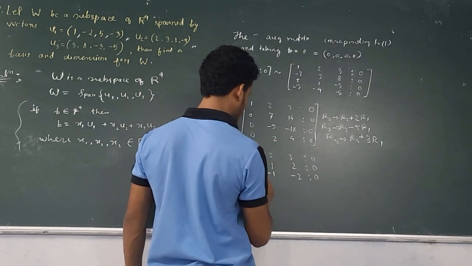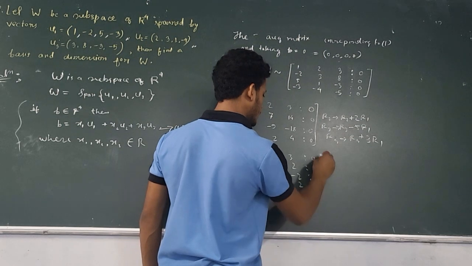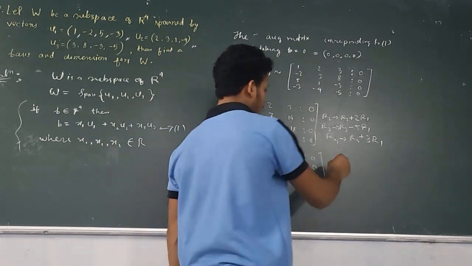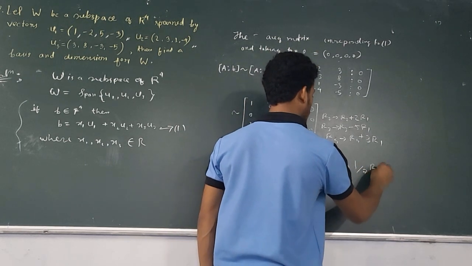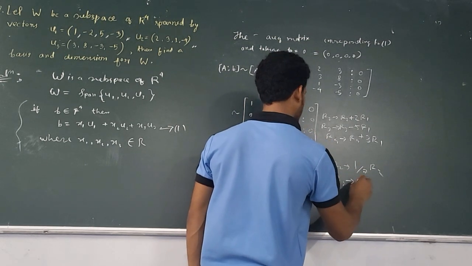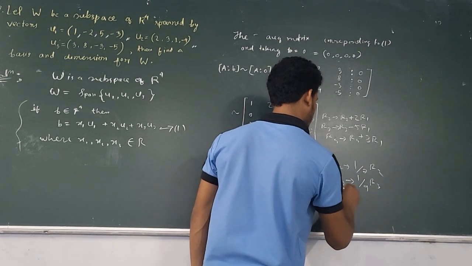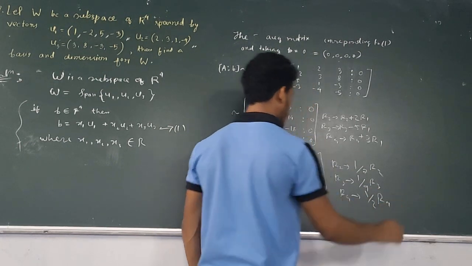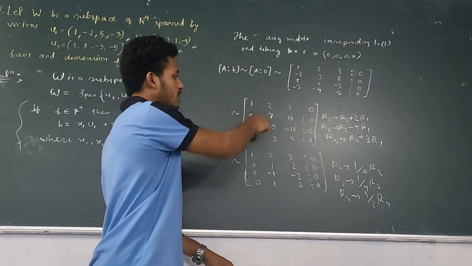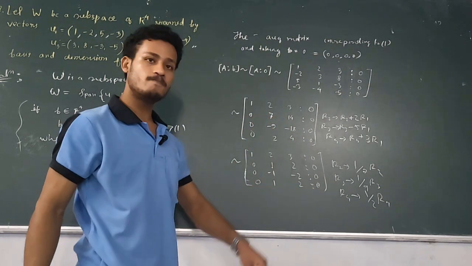Divided by 2, it will be 0, 1, 2, 0. What operations have we done? R2 goes to 1/7 R2, R3 goes to 1/9 R3, and R4 goes to 1/2 R4. You are dividing here by 7, here by 9, here by 2.